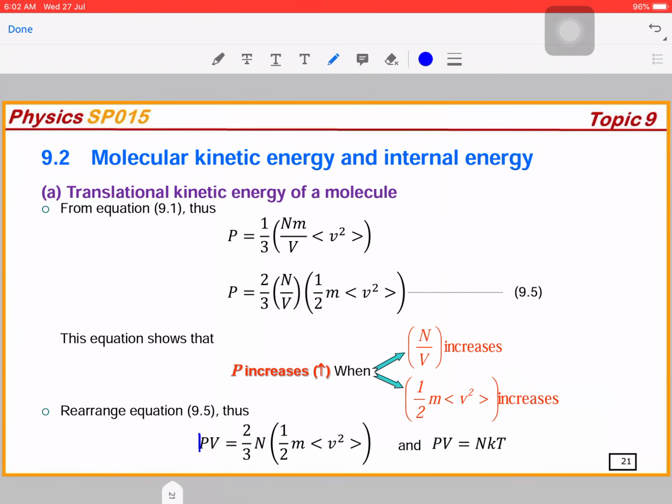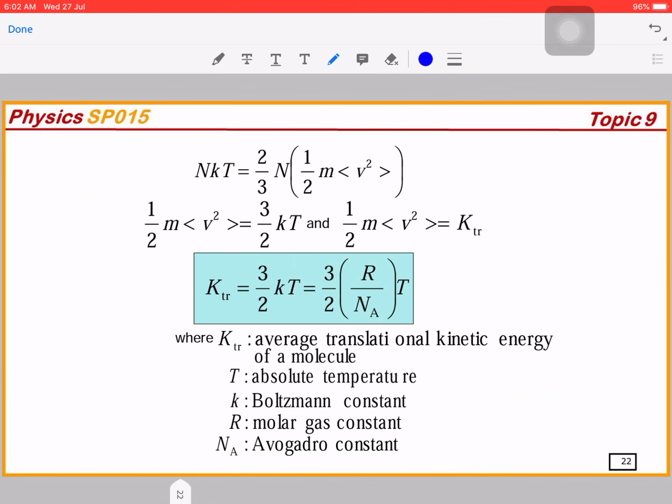So we can rearrange our equation: PV equals 2 over 3 N times half m times the mean squared velocity, and PV equals NkT. We substitute the equations and we get the average translational kinetic energy equals 3 over 2 kT, or 3 over 2 R over NA times T. This is the average translational kinetic energy of a molecule.